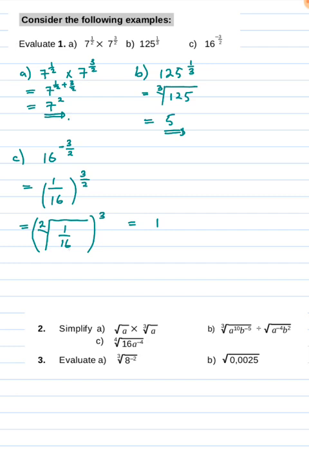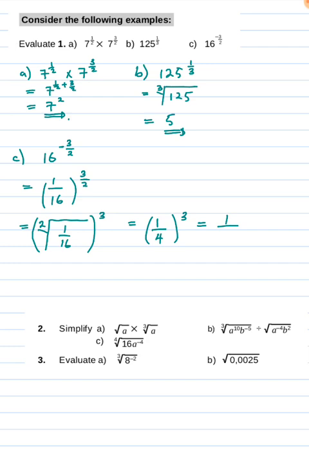Square root of 16 is equal to 4. Then all of it to the power of 3. Then 1 to the power of 3 is 1. Then 4 to the power of 3, 4 times 4 is equal to 16. Then 16 times 4, I think it's 64.